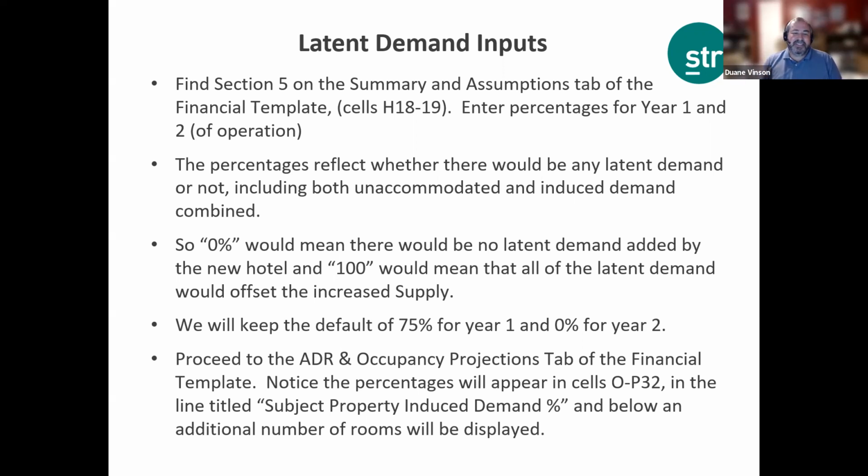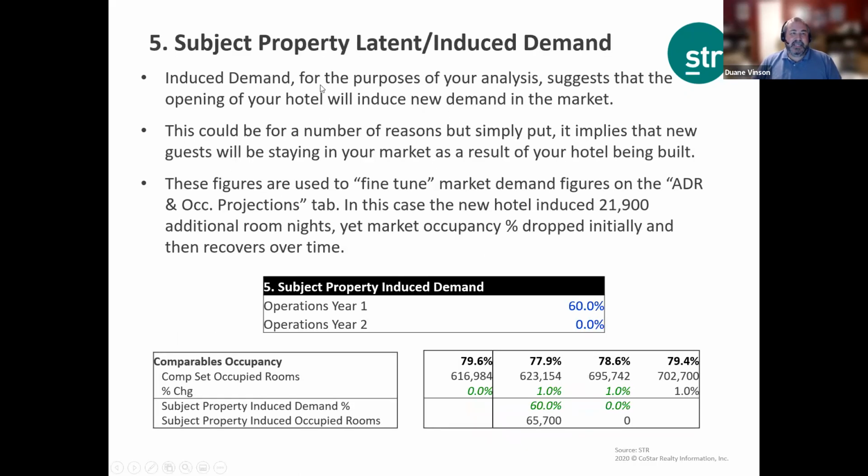We will keep the default of 75% for year 1 and 0 for year 2. So we're saying that, yes, we are going to be able to bring in some of that latent demand in year 1, but by year 2, everything is going to level out and we're going to drop that back down to 0.